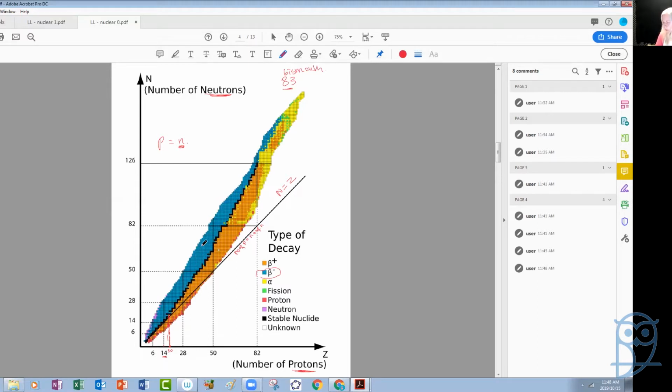They have more neutrons than they should. Whereas the nuclides below the stable isotopes, which are shown in orange, have fewer neutrons than necessary to maintain stability and decay with beta plus decay.